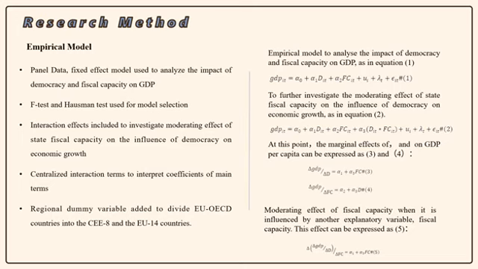We introduced the country's fiscal capacity as a control variable in the model. Our study constructs a model to analyze the impact of democracy and fiscal capacity on GDP as in equation 1. After data processing, we perform the t-test and Hausman test.